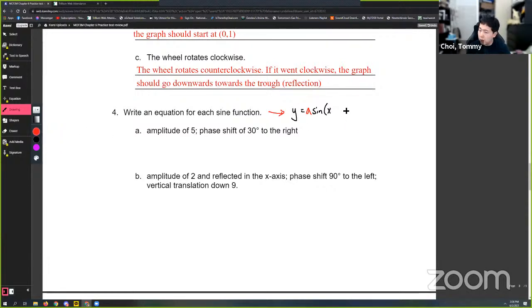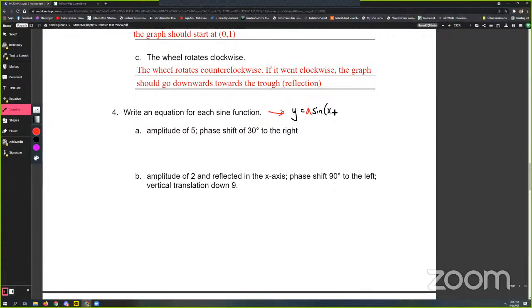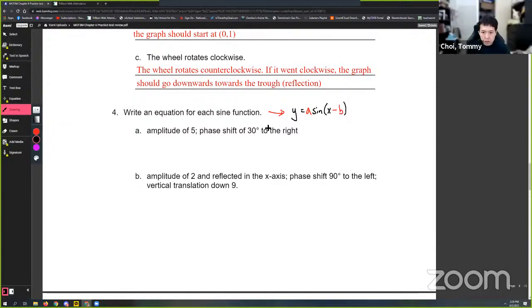Which variables did I use? I keep forgetting. B and D, right? Oh, B and D. Okay, there we go. So B and D. Okay, so we have y equals a sine bracket x minus b plus d.